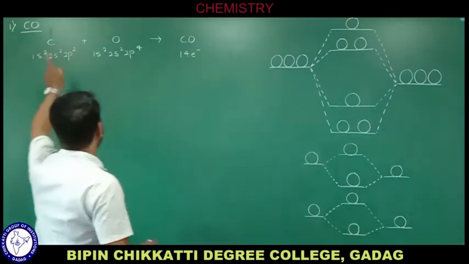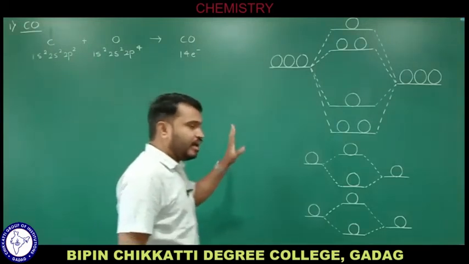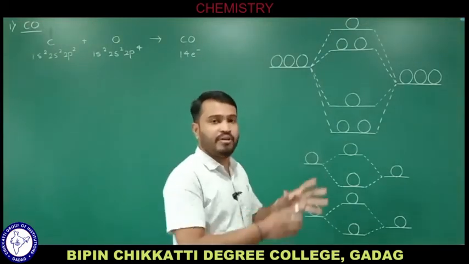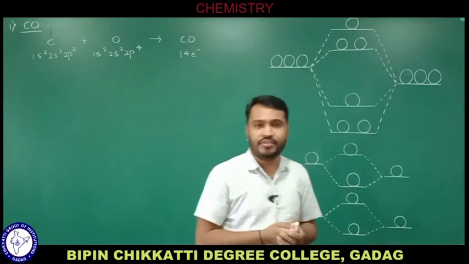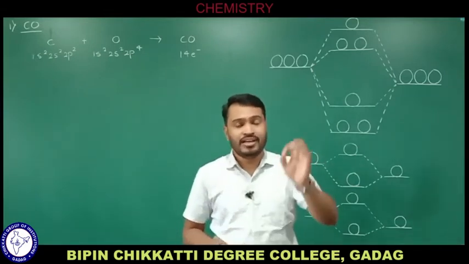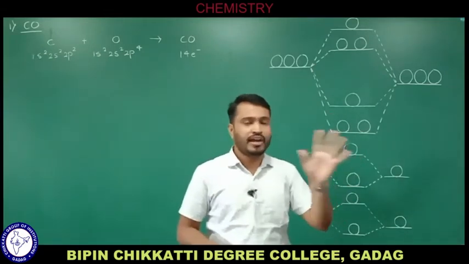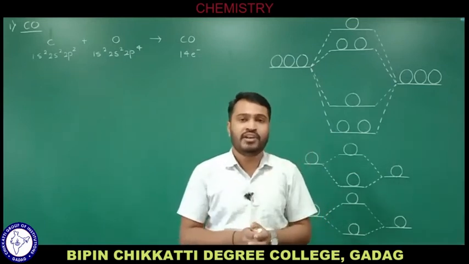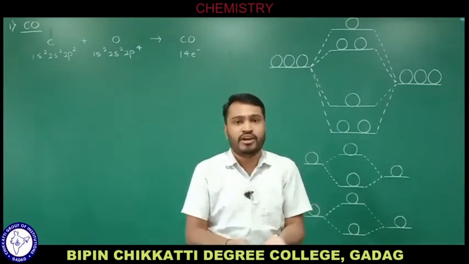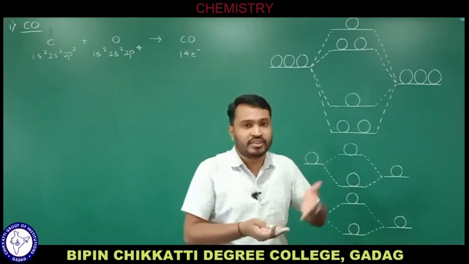Since we have 2 different atoms, and out of these 2, oxygen is more electronegative in nature, the energy level of oxygen has to be drawn lower, whereas carbon has to be drawn at the higher energy level.